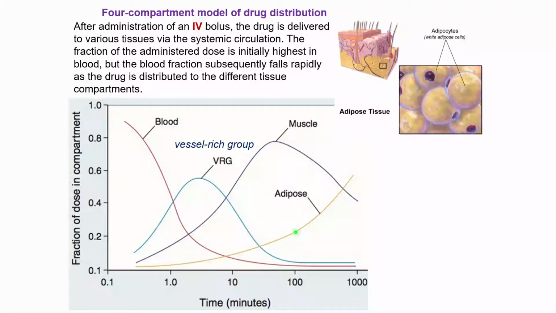It takes hundreds of minutes, so around 2, 3, 4, 5 hours for drug to reach this kind of tissue, and that's where it will stay for a longer time. At this moment, concentration in blood is much lower, less than 10% of starting amount. Still, all the drug is in your body.